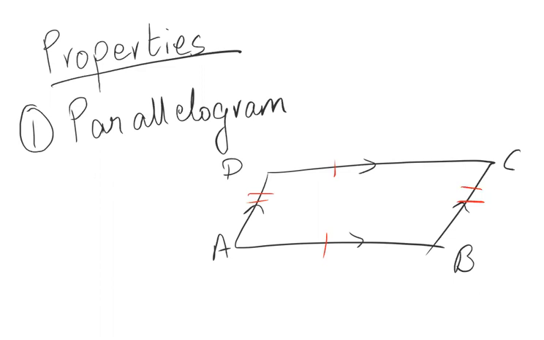And the second theorem: if I drop a diagonal, it divides the parallelogram into two triangles, triangle 1 and triangle 2, that are congruent. Why? Because this side is equal, this side is equal, and the diagonal is the common side. Another property of a parallelogram is that the opposite angles are equal.